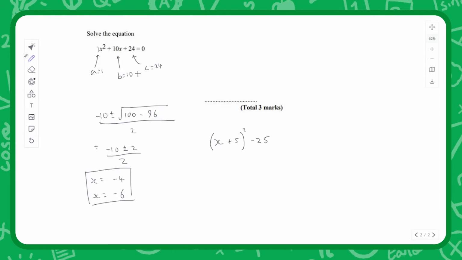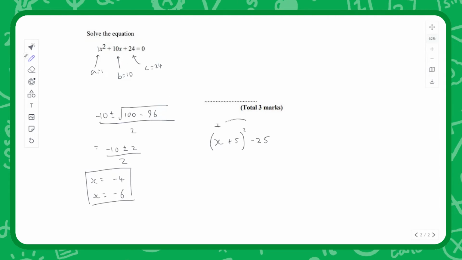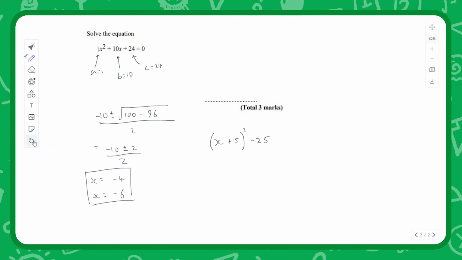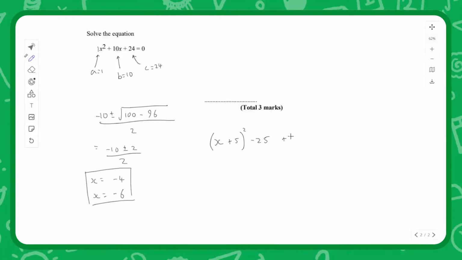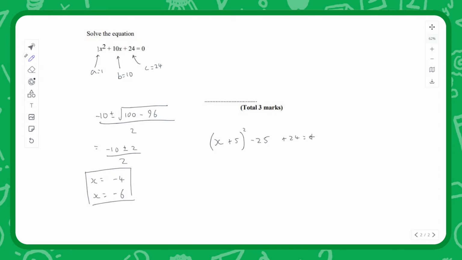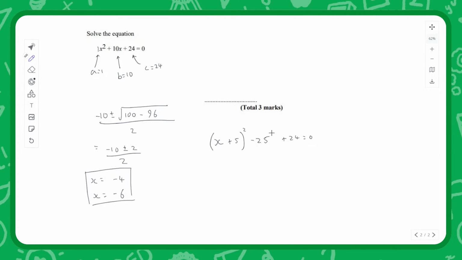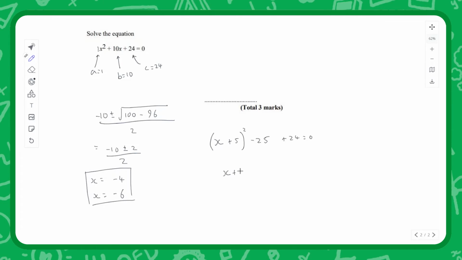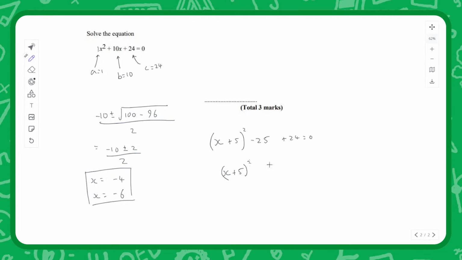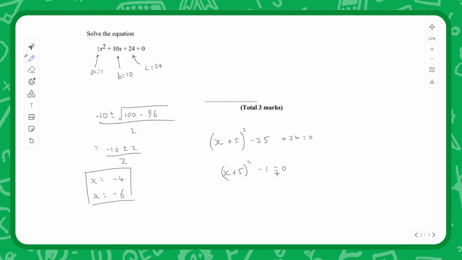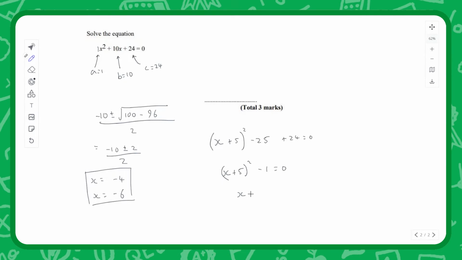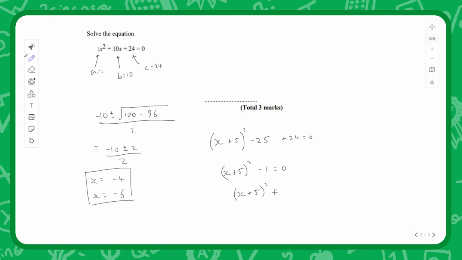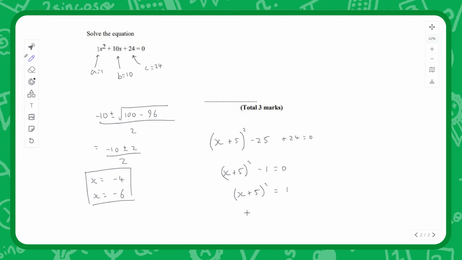And that means, therefore, that this whole thing now represents the first two terms. And obviously I'm going to have my plus 24 on the end equals 0. Well, I know that minus 25 plus 24 is just minus 1. So I end up with x plus 5 squared minus 1 equals 0. And therefore x plus 5 squared equals 1 if I just add 1 to both sides.